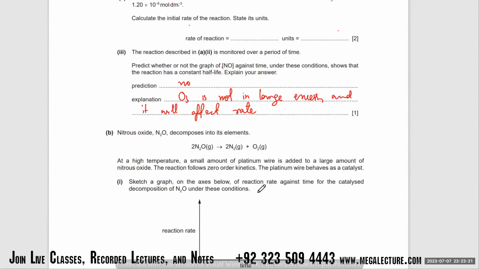So it's following zero order kinetics. How would the graph look? How would the rate change with respect to time? What happens in zero order?